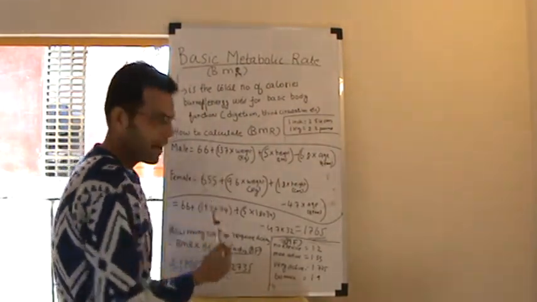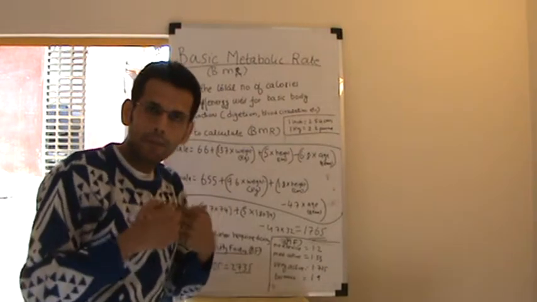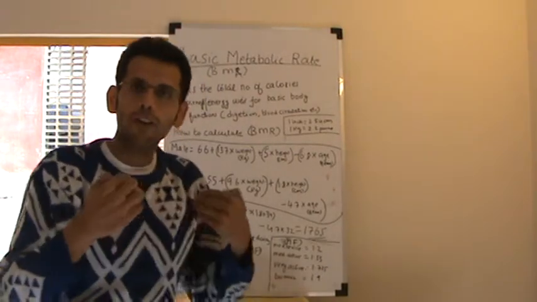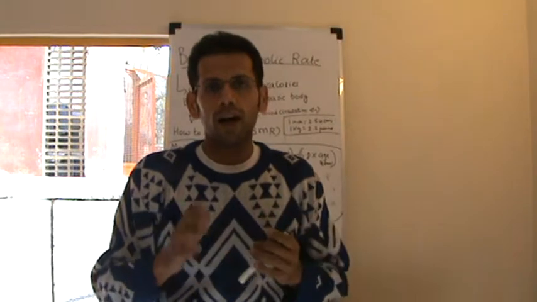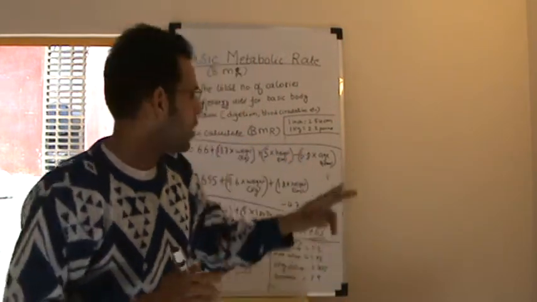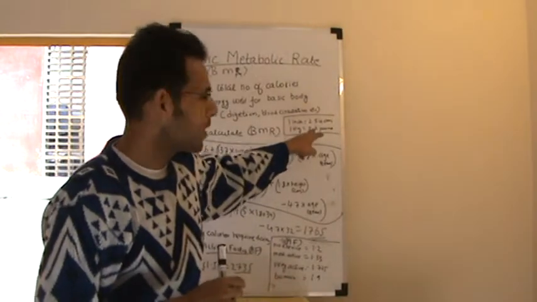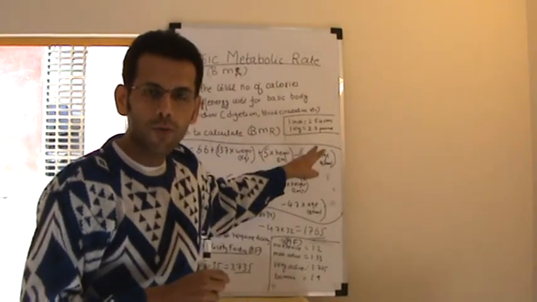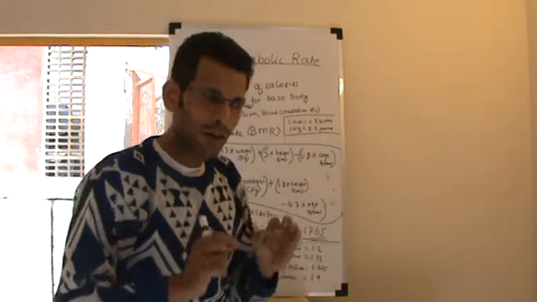So if I have to calculate BMR for myself, for Rishi Sharma, I weigh 163 pounds, that is 163 divided by 2.2, that is 74 kilograms.